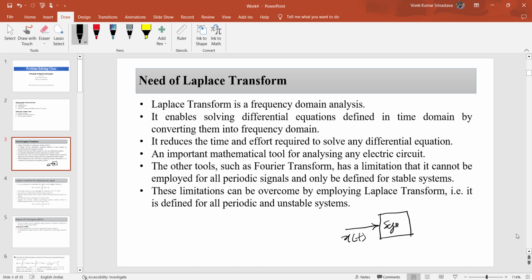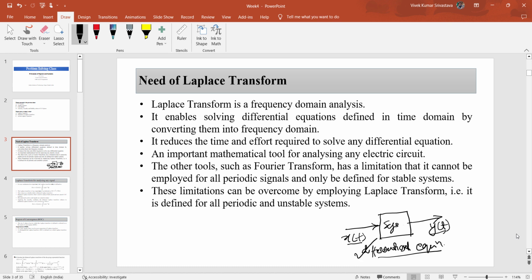Once I apply x of t, we get some output from this system, denoted as y of t. In the previous class we saw that the relationship between the input and the output signal is described by a differential equation.